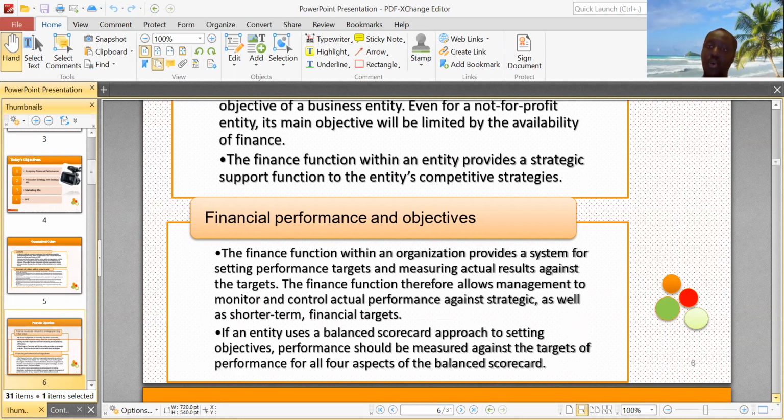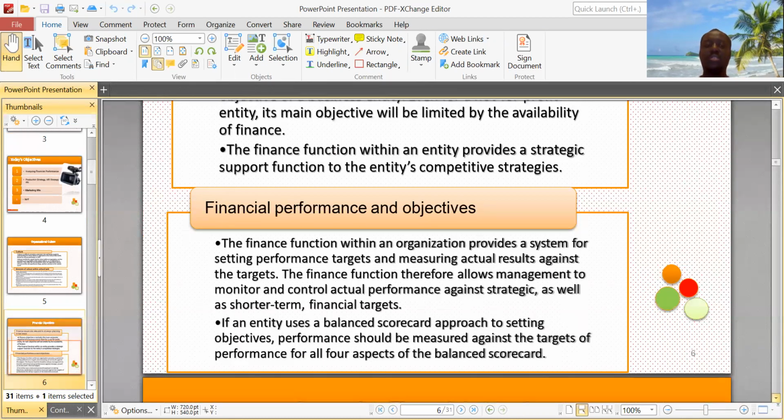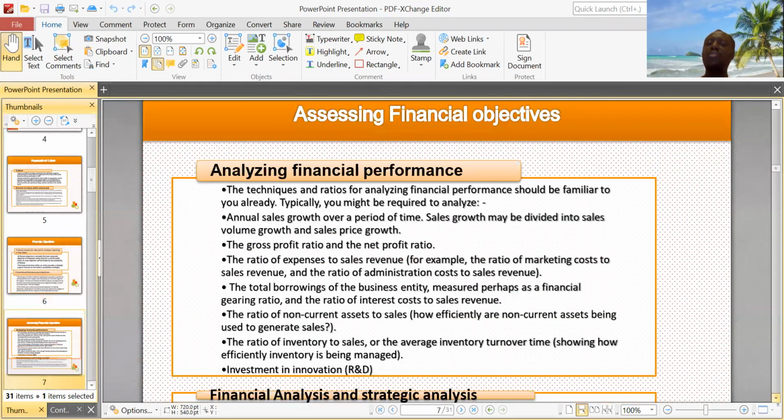So these are four perspectives that the balanced scorecard looks at. We said that the balanced scorecard is not your traditional management accounting tool because it focuses on financial and non-financial objectives.